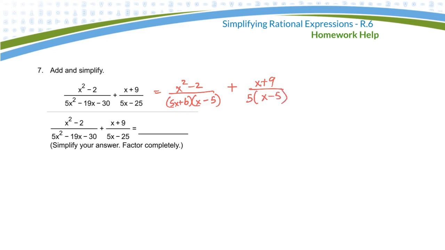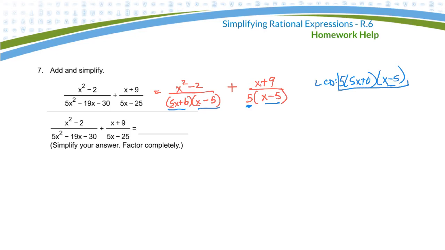Okay, in order to combine those or to add them, I need a common denominator. So I think my lowest common denominator must include both of these. So a 5x plus 6 and an x minus 5. I don't have just a plain 5 yet, so I need one of those. I'll put it up front here. And an x minus, I already have that.